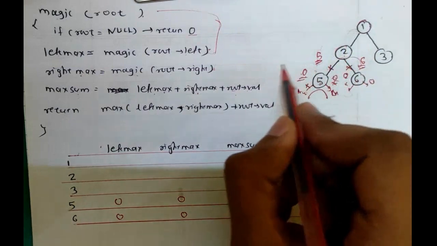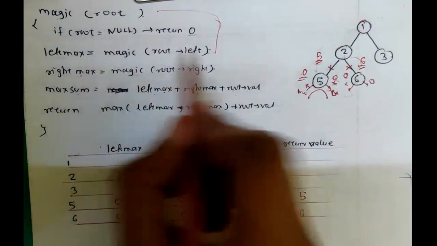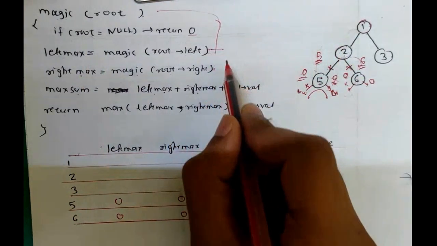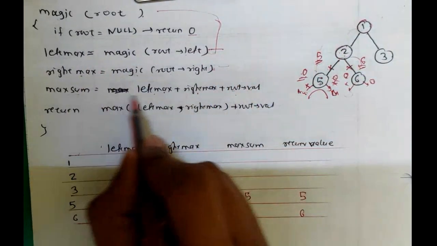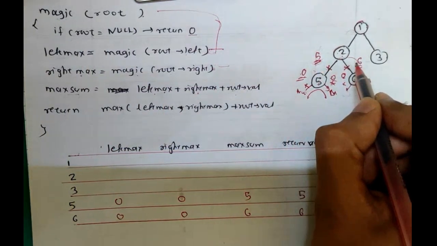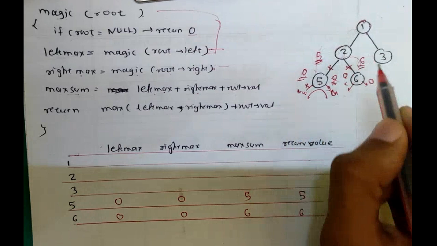So for root 2 left is exhausted, right is exhausted, and the maximum sum will be this left max plus right max plus the root ka value.